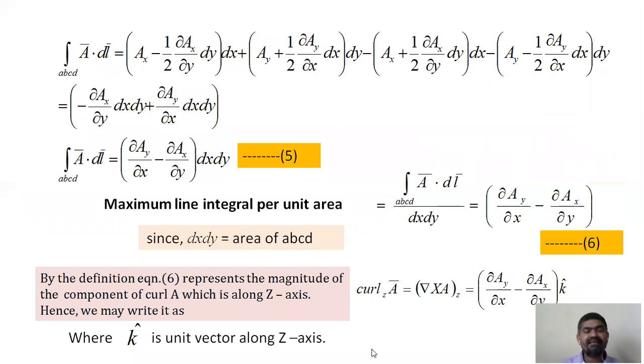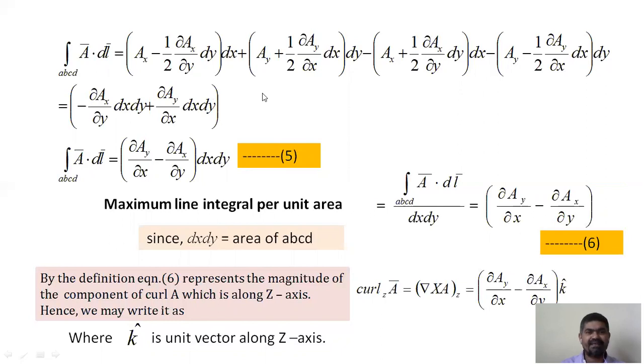So the line integral along the closed path ABCDA, the line integral of A bar dot DL bar, is nothing but this: the line integral on side AB, this is the line integral on side BC, this is the line integral on side CD, and this is the line integral on side DA. Therefore, I am just adding all these vectorial values on all four sides.